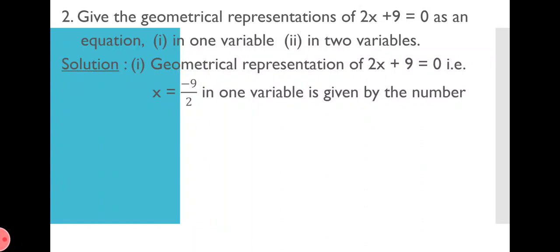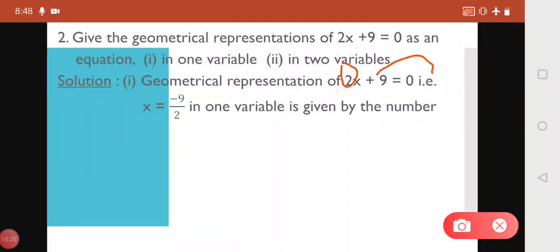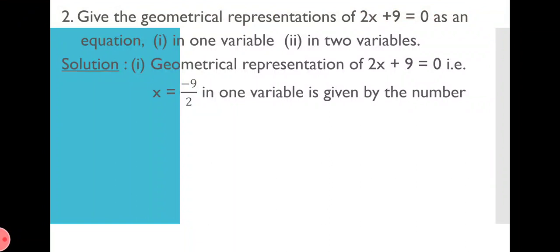We have to convert the given equation into the form of x. First we will transpose 9 to the opposite side, so it will become minus 9, and then we will transpose 2, which is multiplication, so it will become division, so we will get x equal to minus 9 upon 2, which is in one variable, and it is given by the number line.